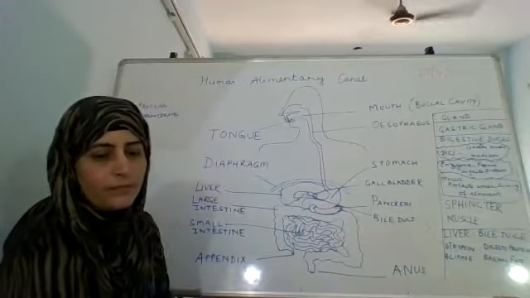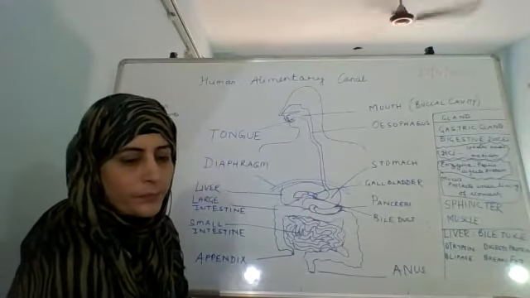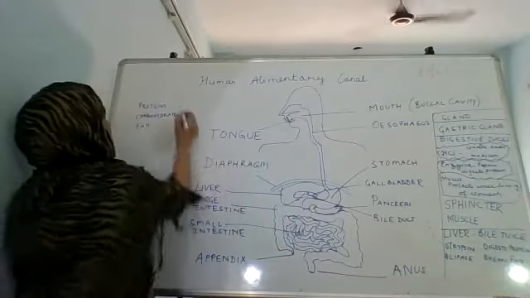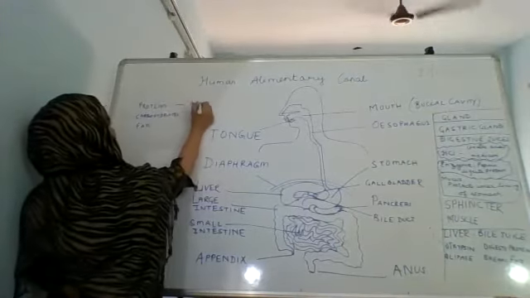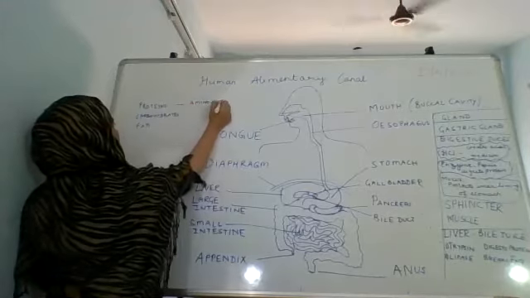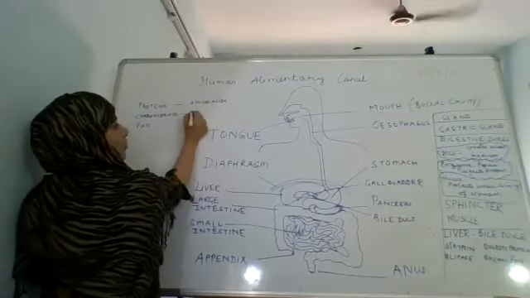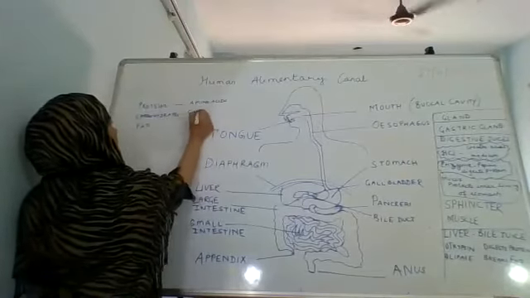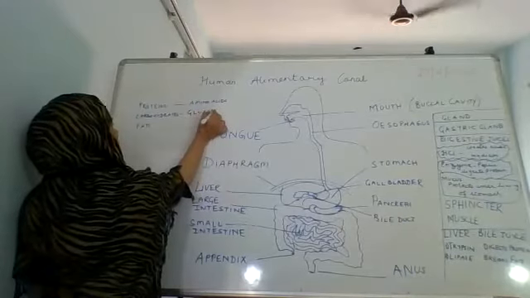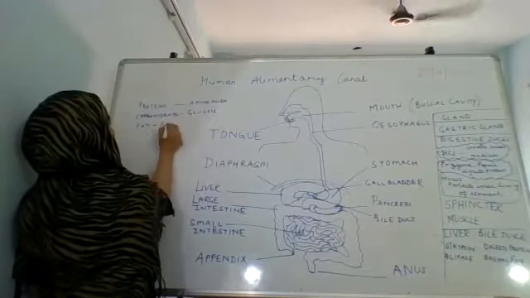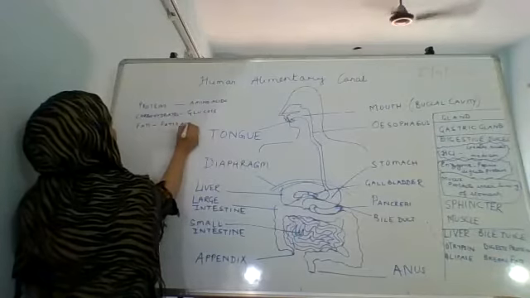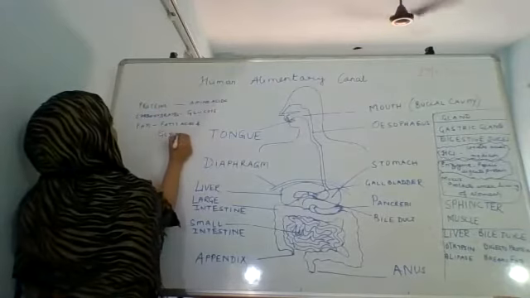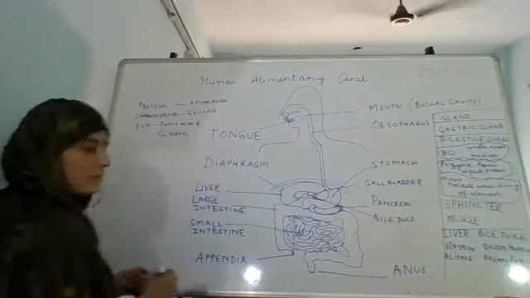Tell me the answer. Proteins into amino acids, carbohydrates into glucose, fats into fatty acids and glycerol. ठीक है?